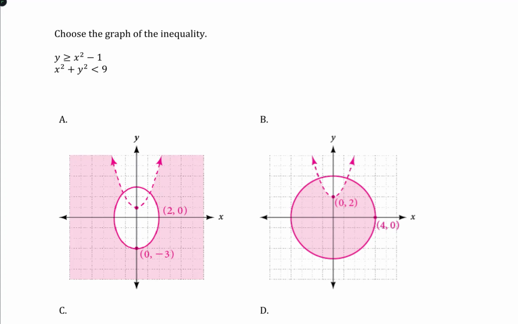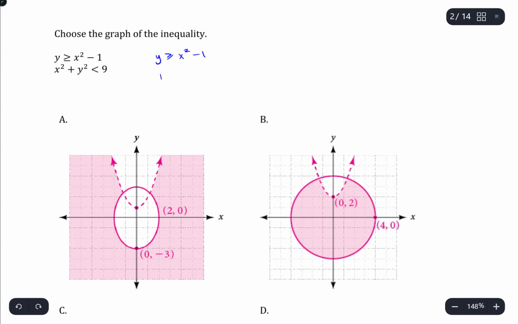So before we jump into trying to decide which one of these is the correct graph, let's look at these individual functions separately. So the first one, where I have y is greater than or equal to x squared minus 1.